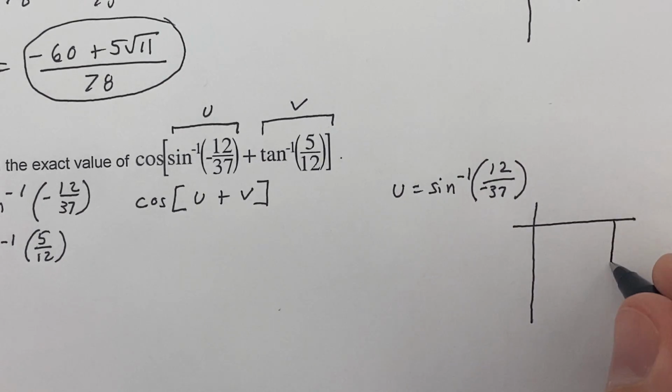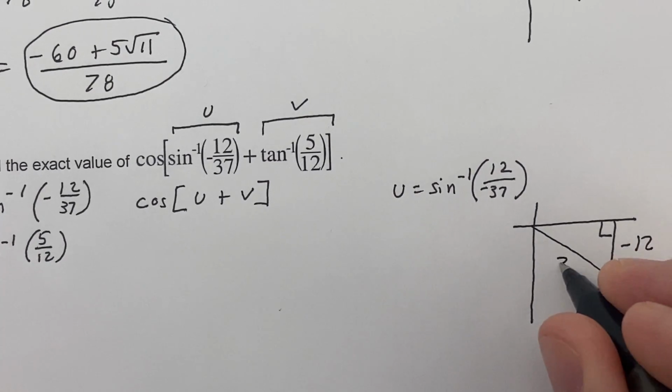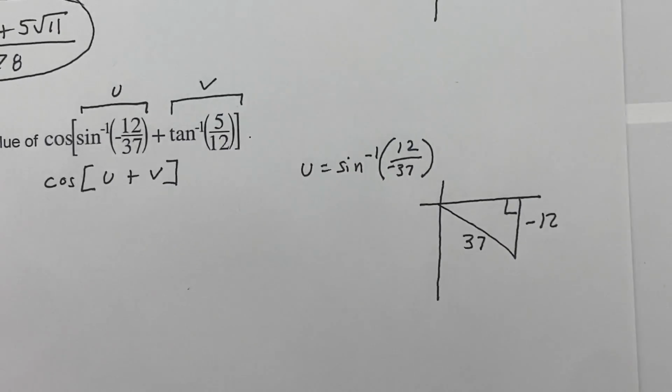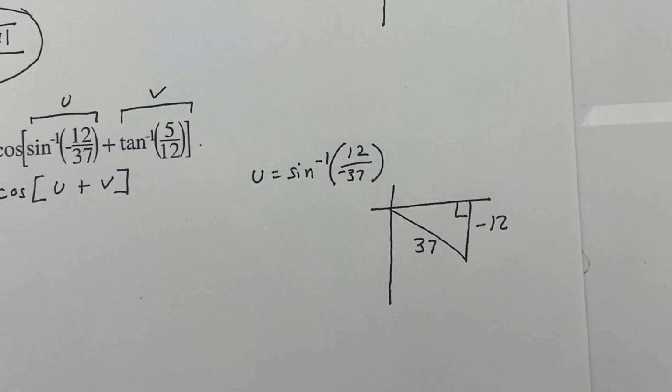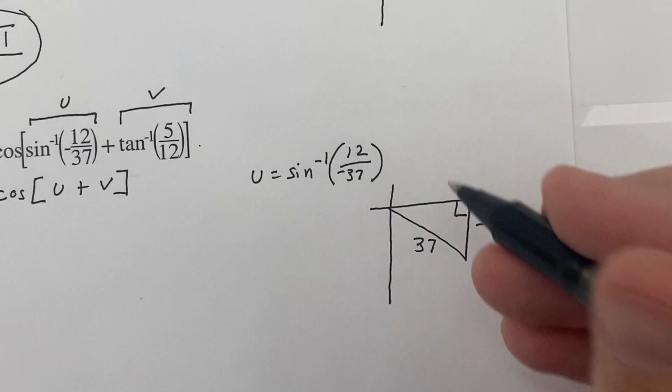The negative has to go to the 12. Because my hypotenuse is always going to be positive, so that's how I knew to go down to quadrant 4. Again, save ourselves. Does anybody know this Pythagorean triple? 12 blank 37? 35 is the answer.